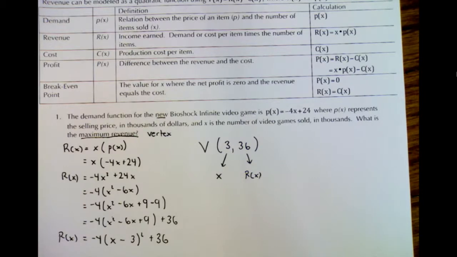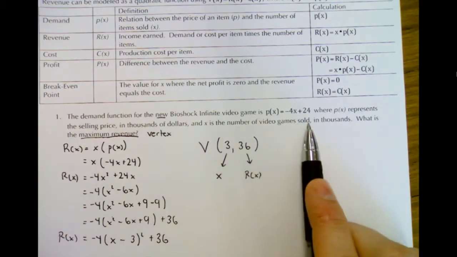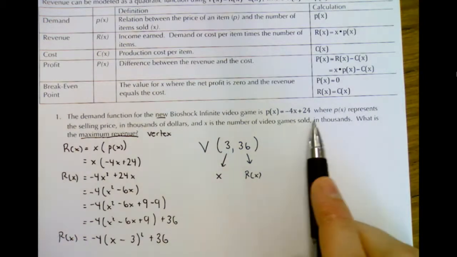And now if we go look at our variables, x is the number of video games sold, in thousands.